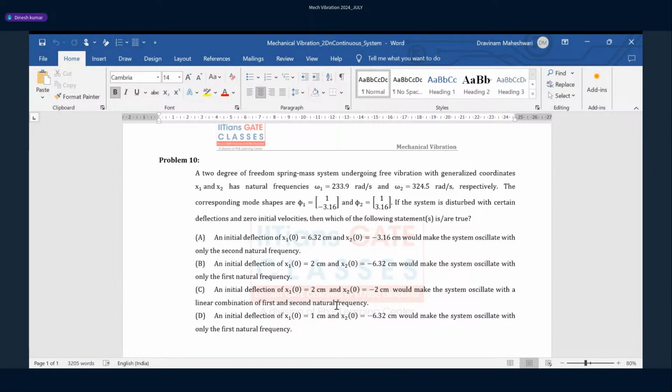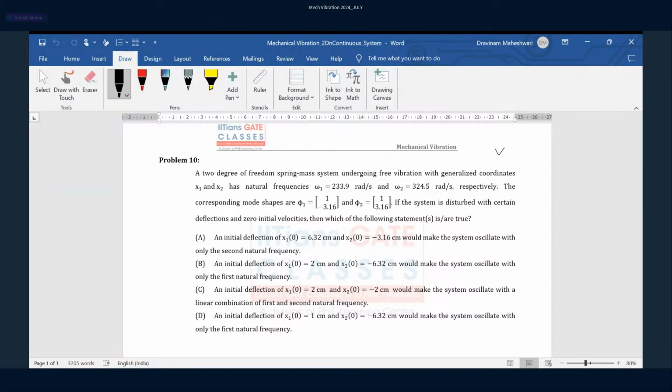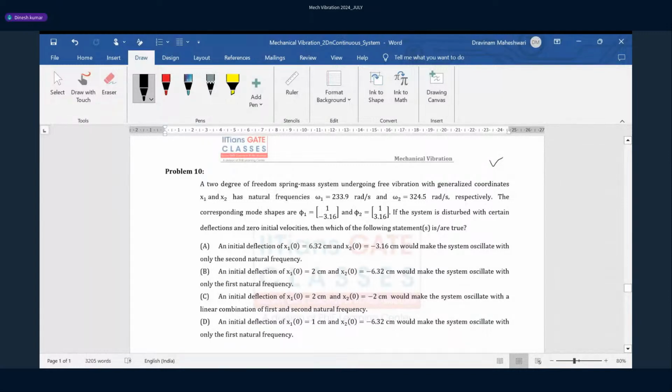Let me check if I have my other tab and pen. So read this question, what it says, guys.